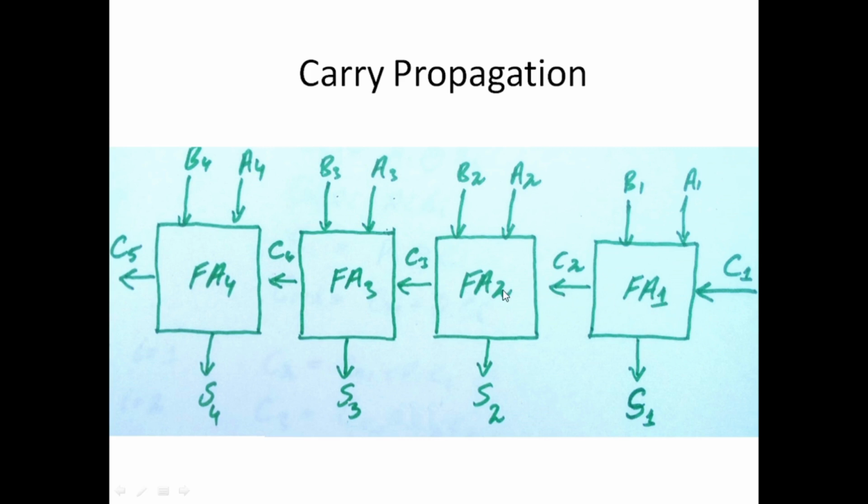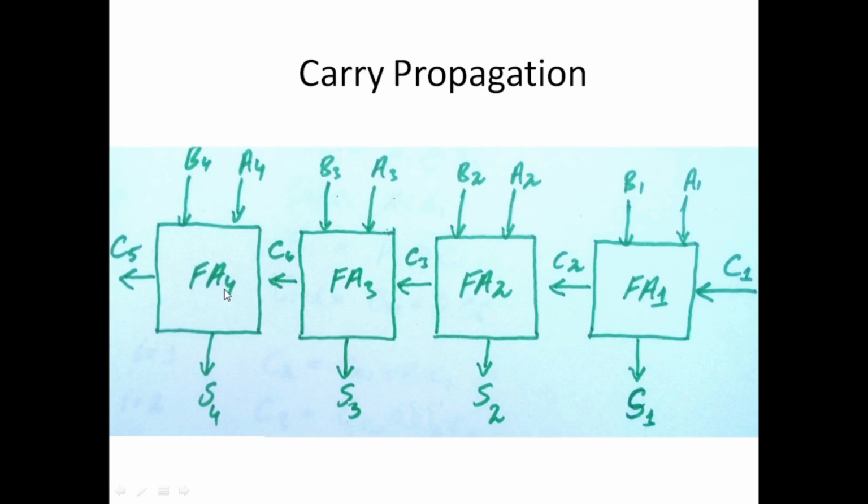And similarly, this full adder 3, even if it gets the 2 bits at the same time, cannot produce the sum until it gets the input carry C3, which is actually dependent on the full adder 2, and this full adder 2 is actually dependent on the full adder 1.